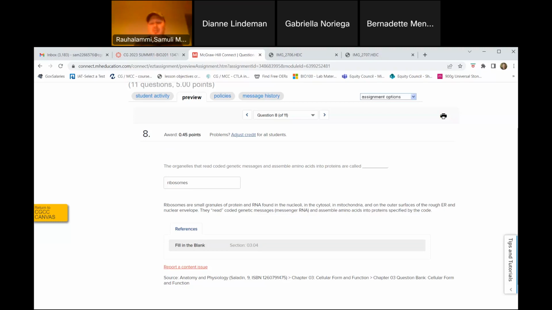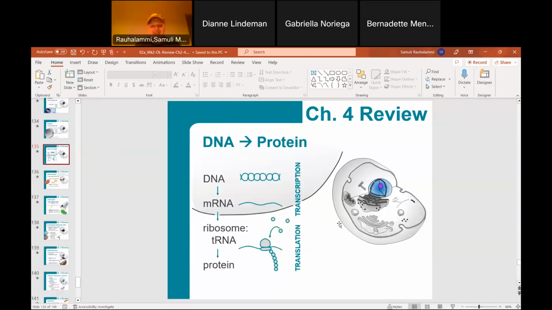So ribosomes were the structures that converted that RNA into an amino acid chain that then became a protein. And I will continue, but I'll just show it again on the screen since we had this nice description here.